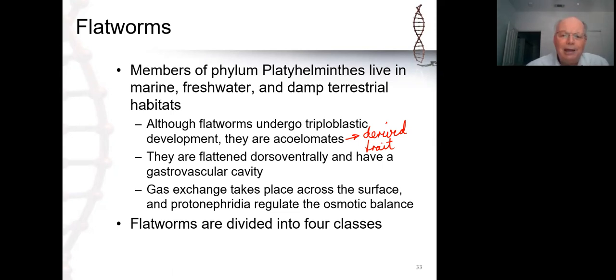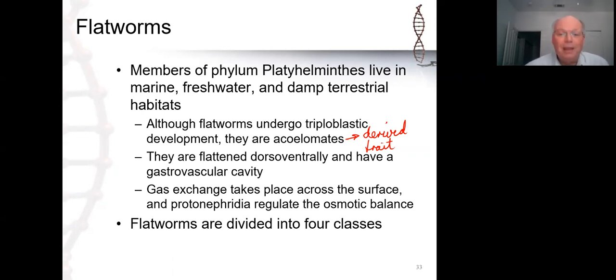But they do have what might be referred to as some primitive excretory cells called protonephridia. And so nephridia refers to excretory cells, or precursors to excretory cells, that will ultimately be found in kidneys and excretory organs like that.